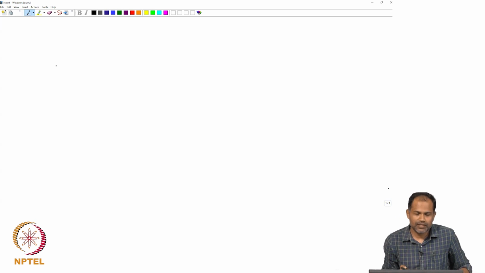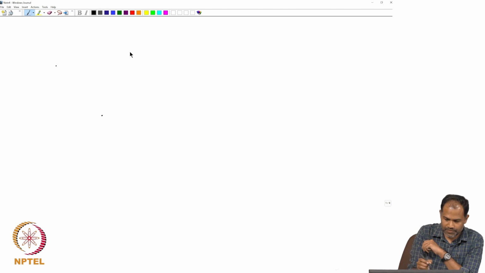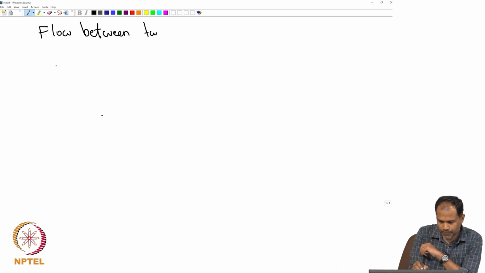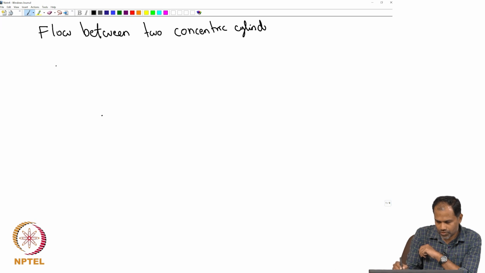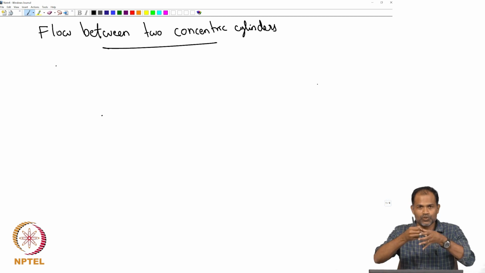So, this is flow between two concentric cylinders. Okay. So, you have two cylinders, one inner cylinder and one outside cylinder.